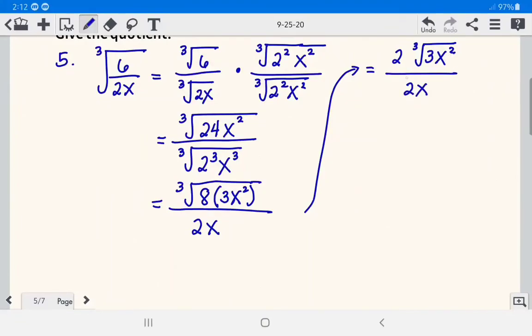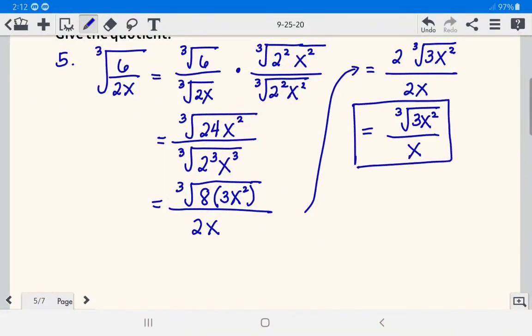Now, since you can cancel 2 and 2 in the denominator, we have now the answer: the cube root of 3x squared over x. Okay? This is the answer for number 5.